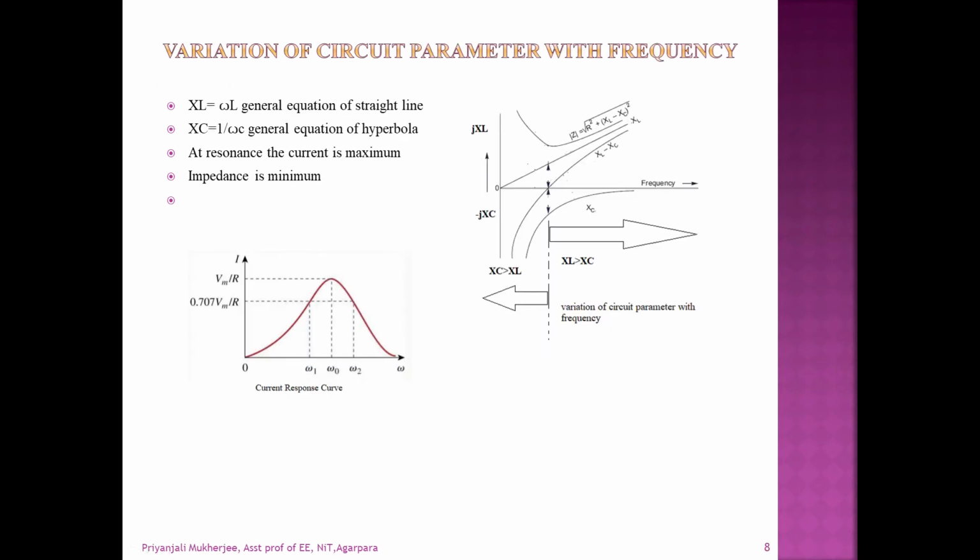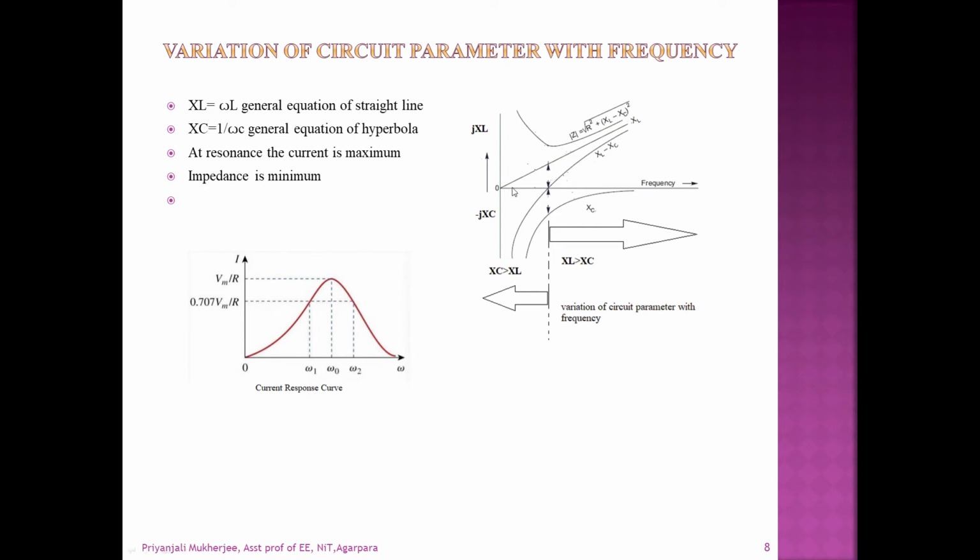Next is the variation of circuit parameters with the frequency. XL is the inductive reactance, and that is equal to 2 pi f L or omega L. If we compare this with the equation y is equal to mx, it becomes the equation of a straight line, and it starts from 0 and increases when the frequency is increasing, as both inductive reactance and capacitive reactance depend on the frequency.